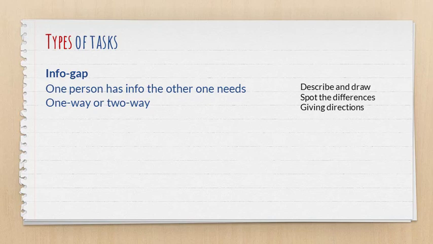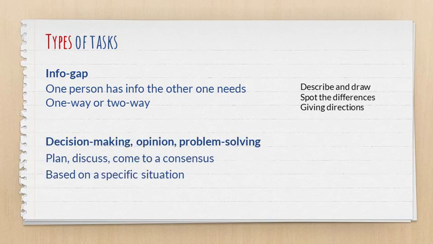And so in all of these cases, there is a concrete outcome. So if I'm giving you directions and you have to mark the route on a map, that is the outcome. You were able to trace the route and arrive at the destination. And then decision-making, opinion, problem-solving tasks usually involve planning, discussing, or coming to a consensus while taking into account a specific situation or certain constraints.